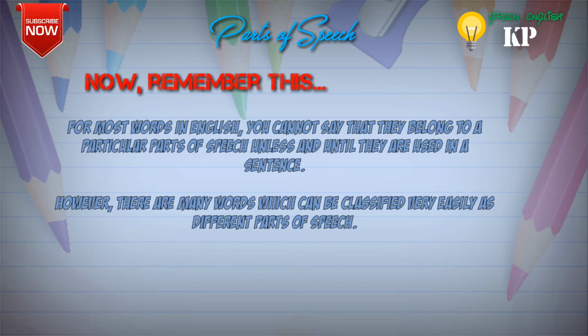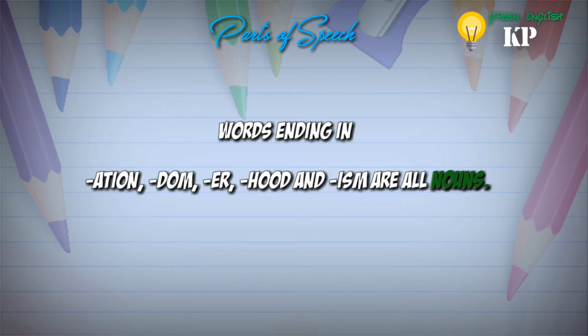Now, remember this. For most words in English, you cannot say that they belong to a particular part of speech unless and until they are used in a sentence. However, there are many words which can be classified very easily as different parts of speech. For example, words ending in ation, dom, er, hood, and ism are all nouns.